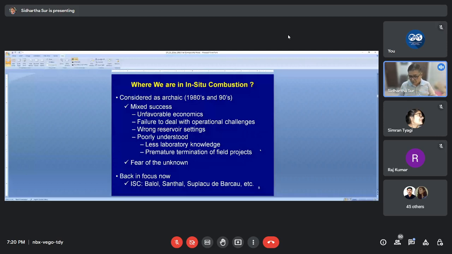But what has happened over the years from 2000 onwards is that the Balol Santhal project of India and the Suplacu de Barkau project of Romania have brought this ISC process back into focus. How it has brought into focus, you will see in subsequent slides.